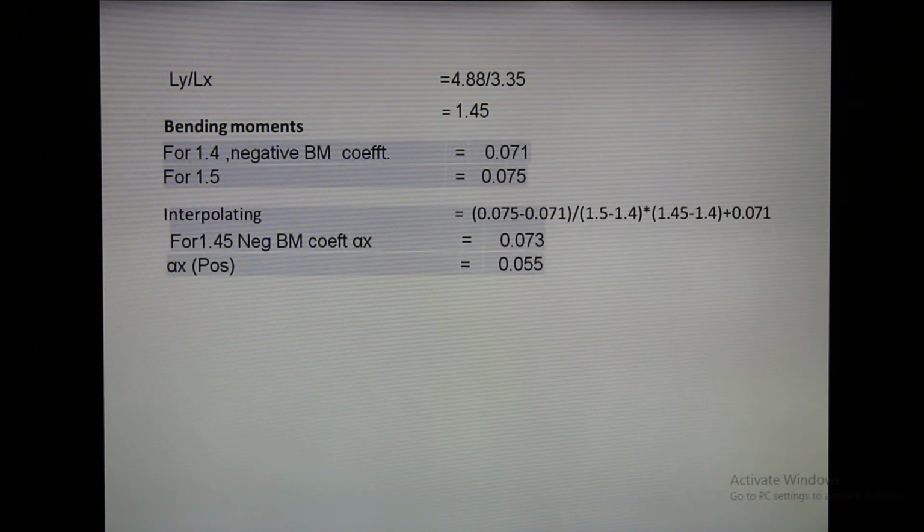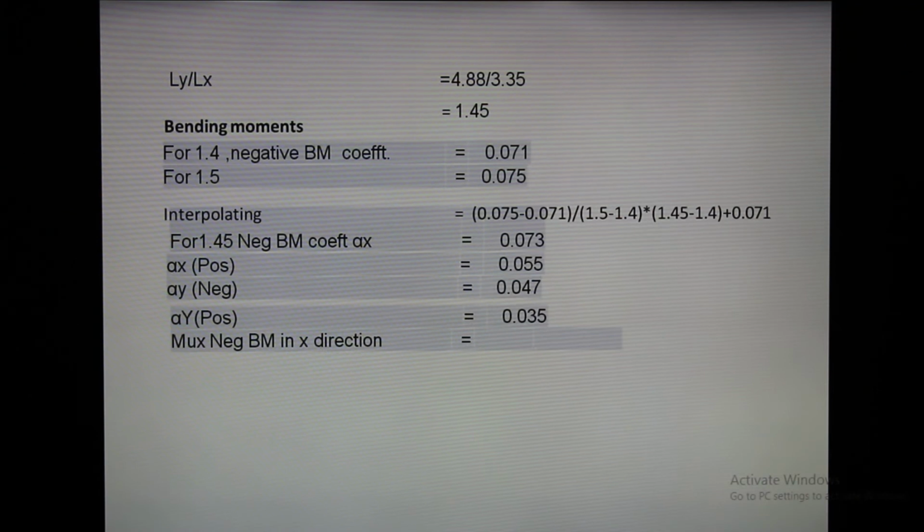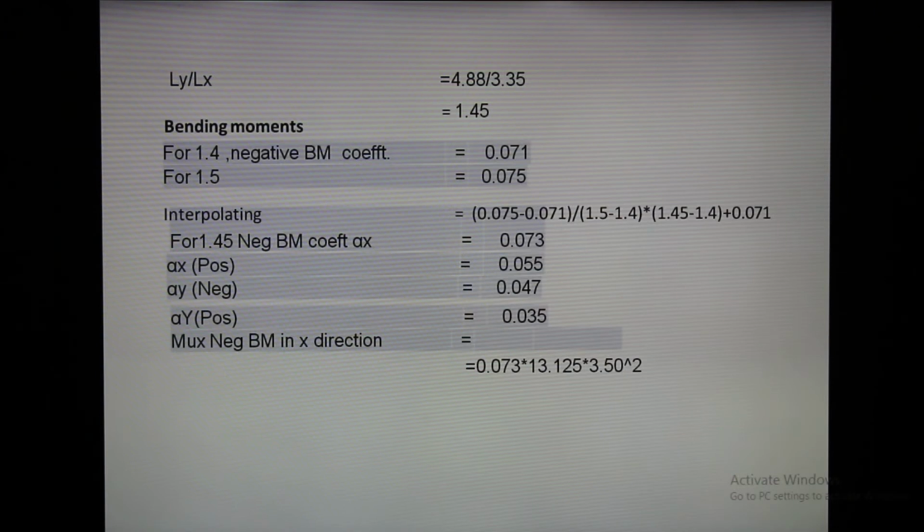The same way we have to find out the other coefficients: alpha x positive, alpha y negative, alpha y positive. We have found out the coefficients for all the bending moments. Now we will find the actual bending moment. Mux, negative bending moment in x direction, is substituting 0.073, already we have calculated, into load into span square.